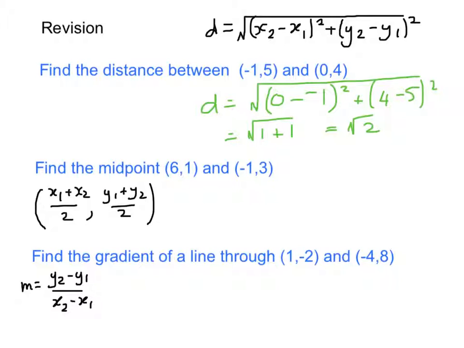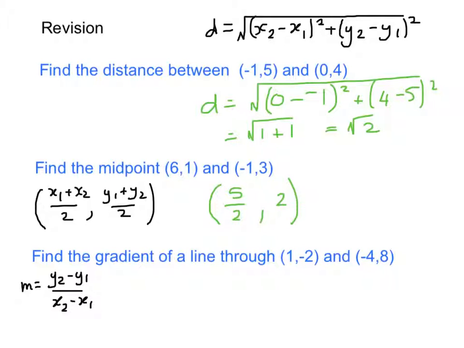Okay, this one here, the midpoint of these two points, we have 6 plus negative 1 is 5 over 2, and 1 plus 3 is 4 over 2, which is 2.